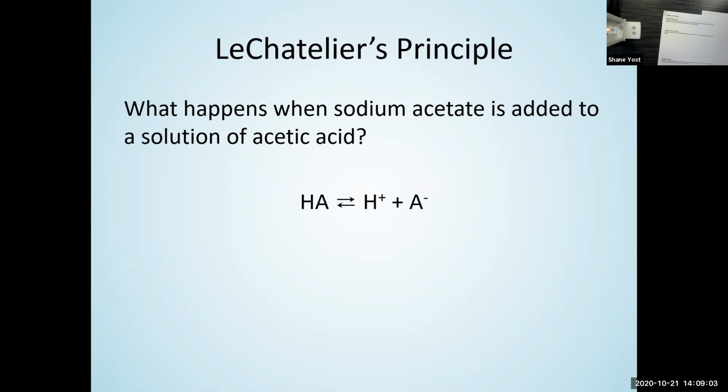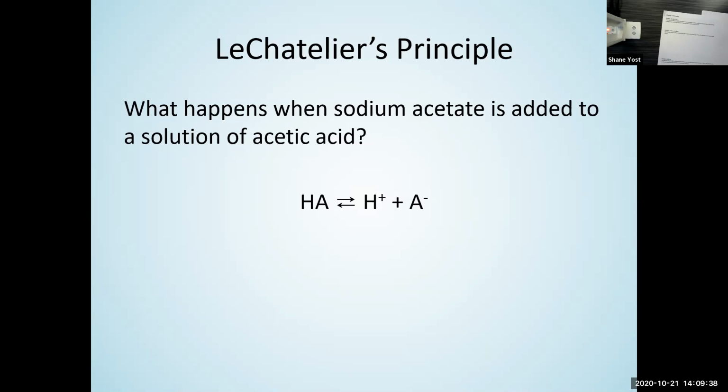Related to buffer solutions, let's review our Le Chatelier example. Let's say I have a solution of acetic acid, where acetic acid is a weak acid, and it establishes this weak acid dissociation equilibrium: HA, acetic acid, dissociates into hydrogen ions plus acetate ions. It has an equilibrium constant that we call K sub A for this acid dissociation reaction.